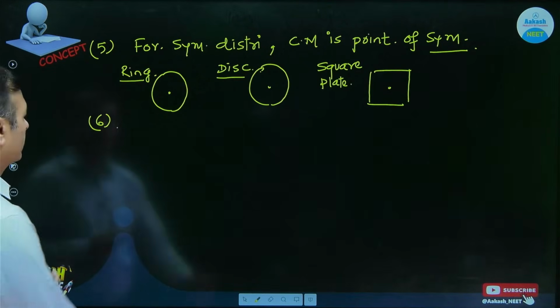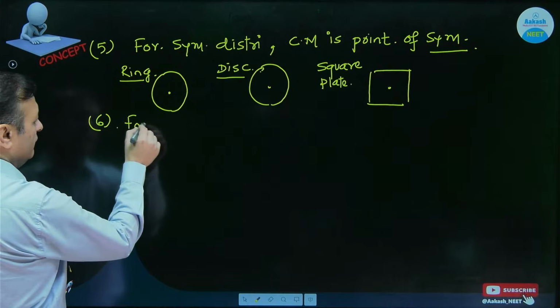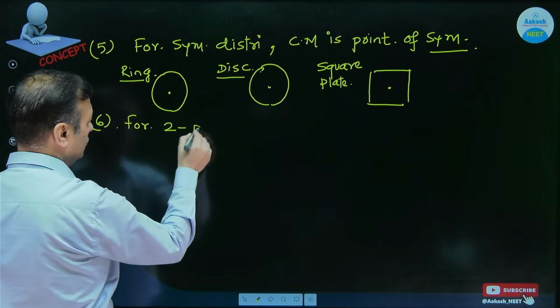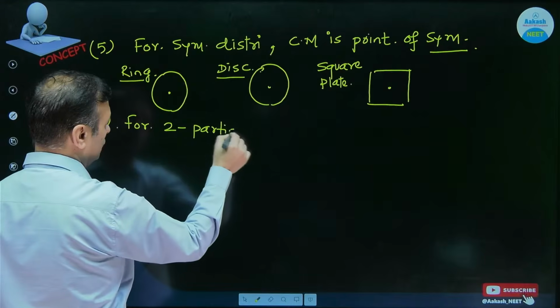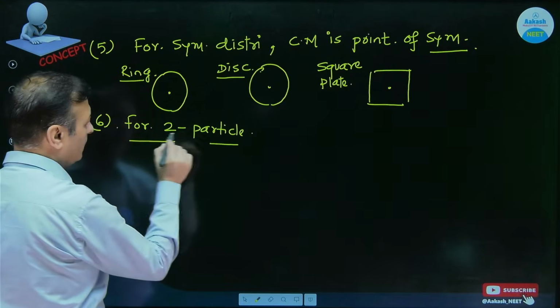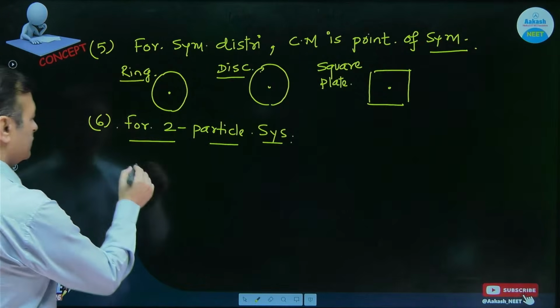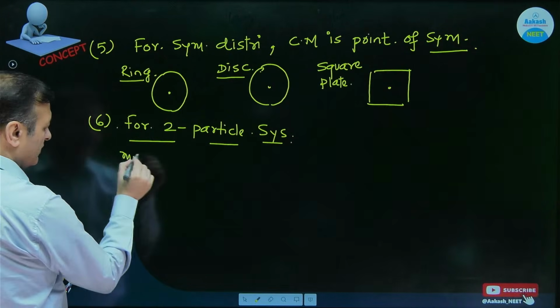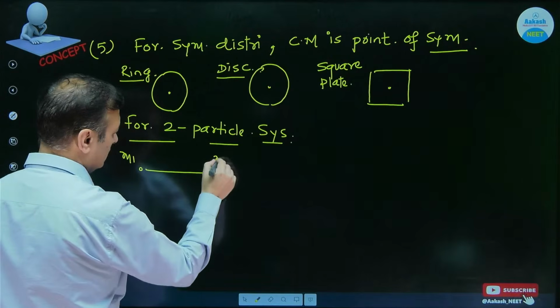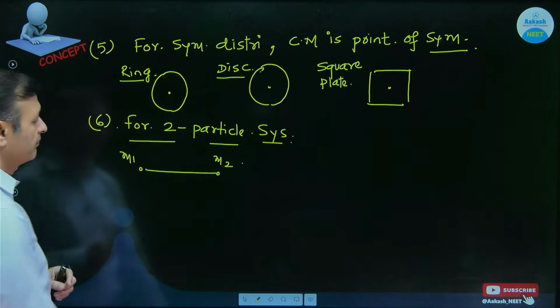Now, for a two particle system, let's suppose you have two particles M1 and M2.